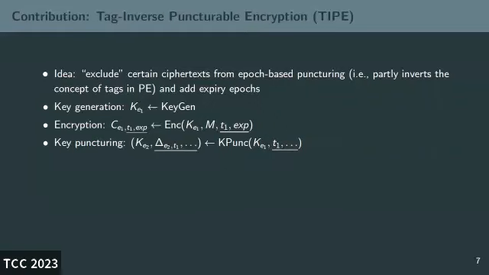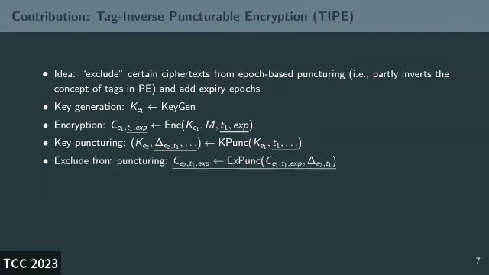Key puncturing, as before, takes as input a key and outputs a key for the next epoch. But optionally, you can now also provide some tags. And for each of the tags you provide, it will output a token. And this token can be used to exclude the ciphertext from puncturing. So more concretely, there is this exclude puncturing procedure, which takes as input a ciphertext and such a token.